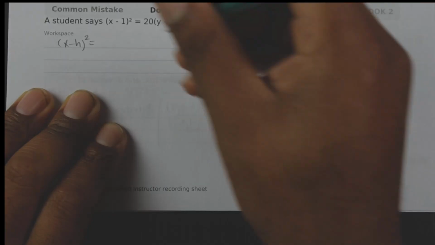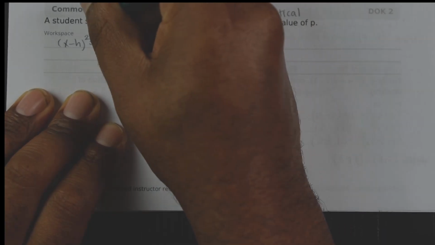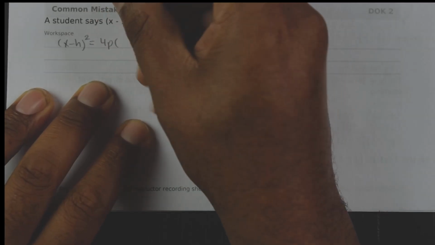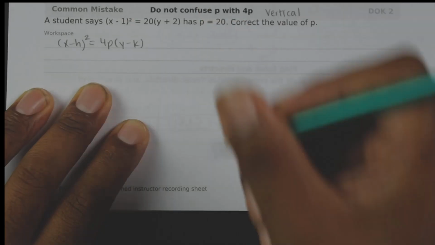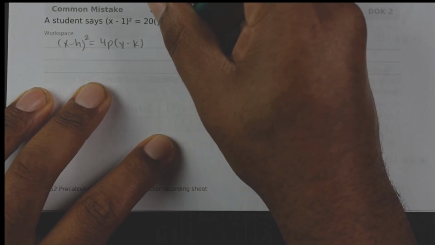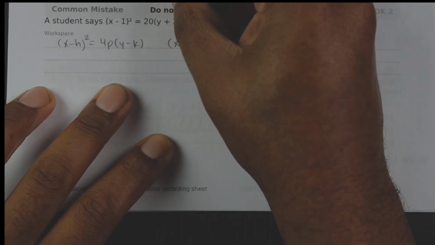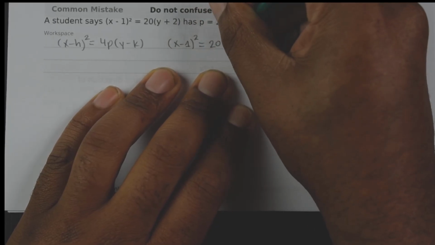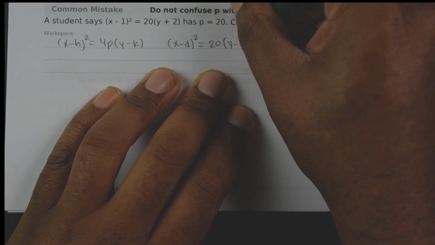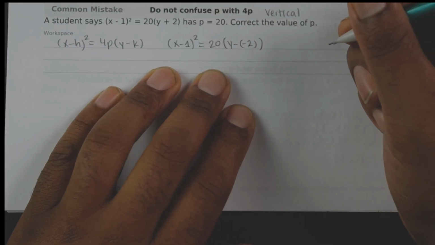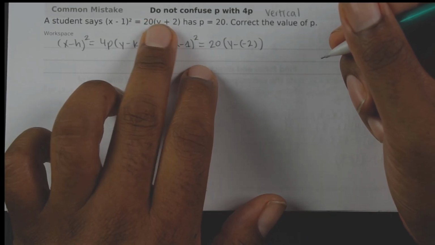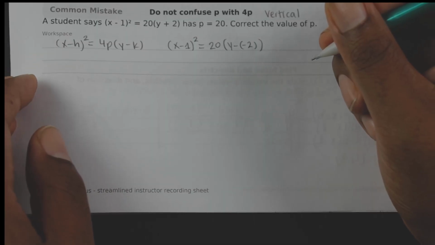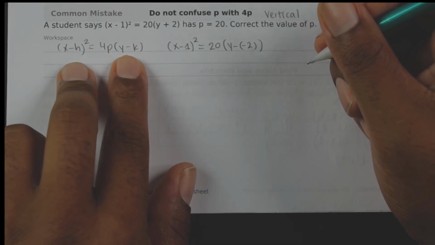So essentially, we're comparing x minus h squared equals 4p parentheses y minus k with the expression that we have. So we have x minus 1 squared equals 20 parentheses y minus a negative 2. Again, I just rewrote this expression because it's a plus, so we have to rewrite it as a negative so that it corresponds with the left and right hand side over here.